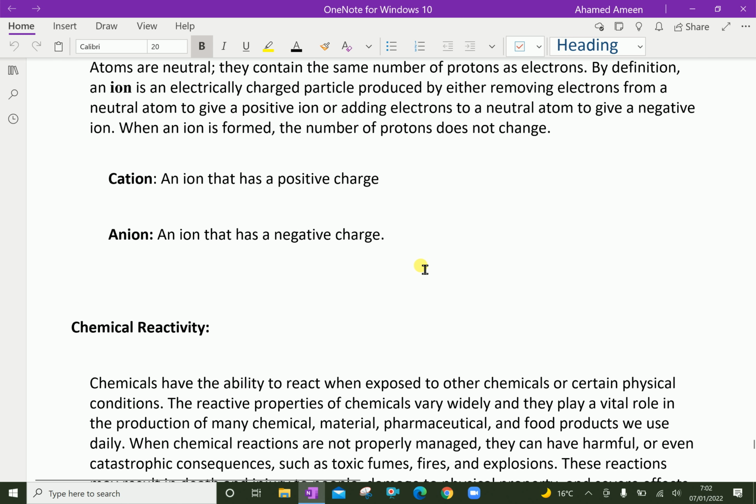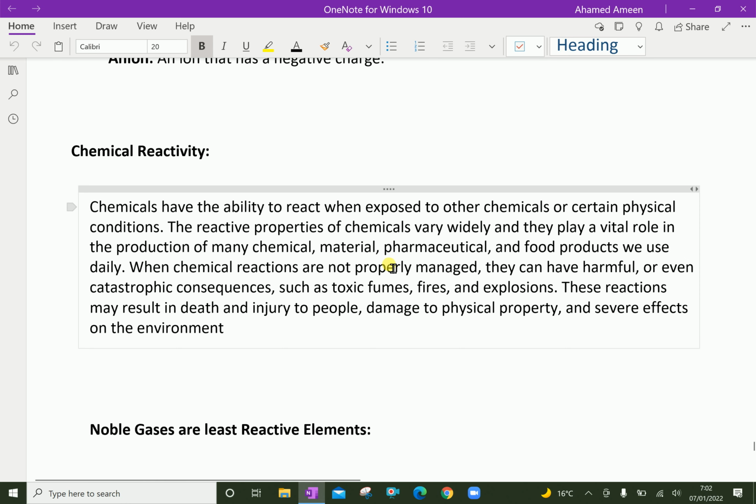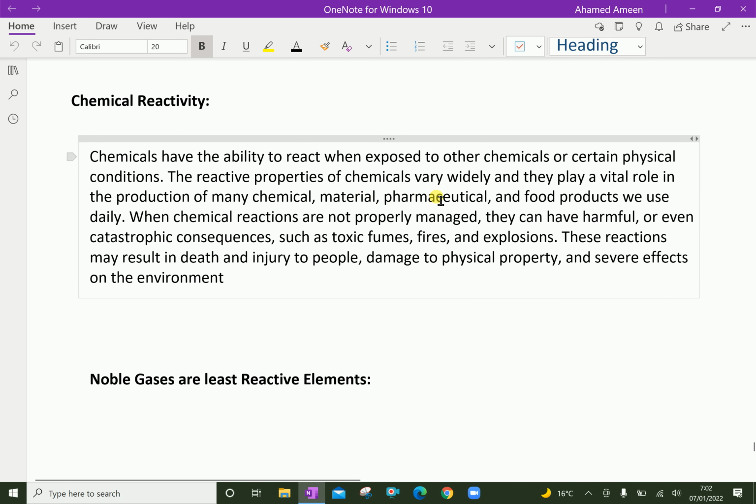Now let us discuss chemical reactivity. Chemicals have the ability to react when exposed to other chemicals or certain physical conditions. The reactive properties of chemicals vary widely, and they play a vital role in the production of many chemicals, materials, pharmaceutical and food products we use daily.